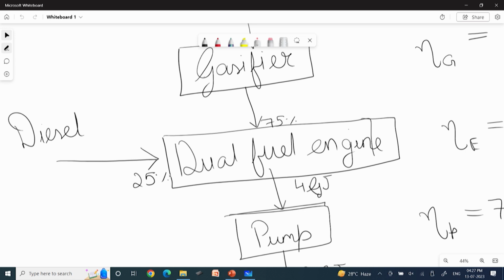So, if this is producing 4 gigajoules of energy, this would require 10 gigajoules of energy at the input given the efficiency of 40%. Which means we would have 7.5 gigajoules coming from the gasifier syngas and another 2.5 gigajoules coming from diesel.